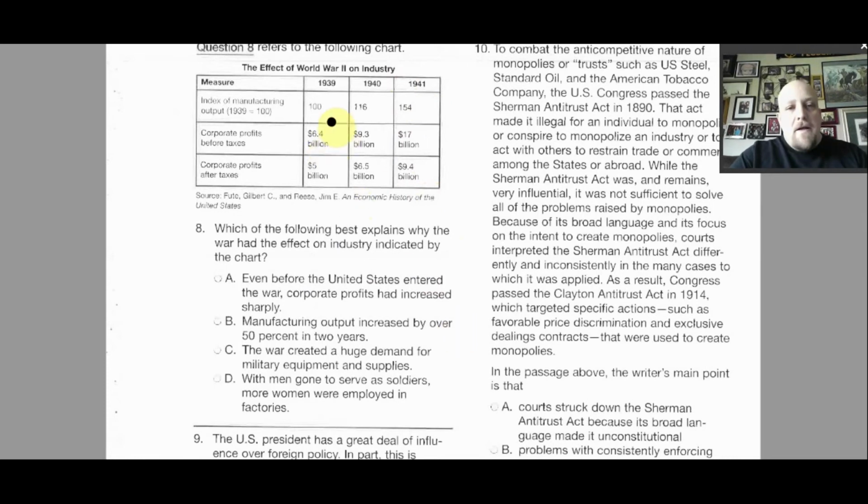Not really. You only went up about 16. So not a lot, and then up a little bit more here. It didn't increase sharply by any means. Sharply would be like if it went from 100 to 200 to 300. But it's not. So even income and profits, not that big.